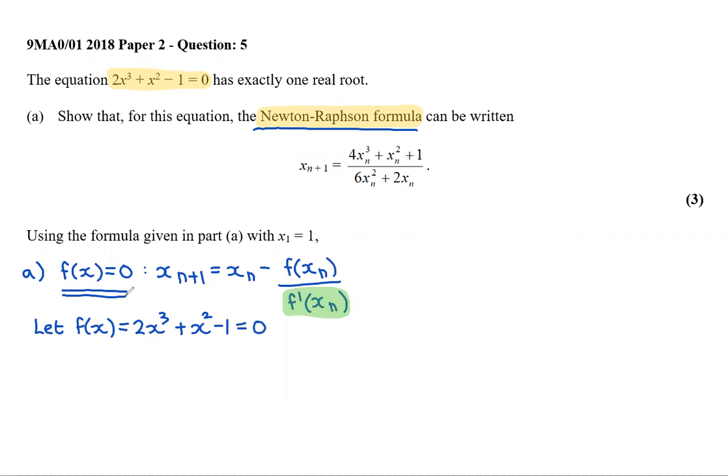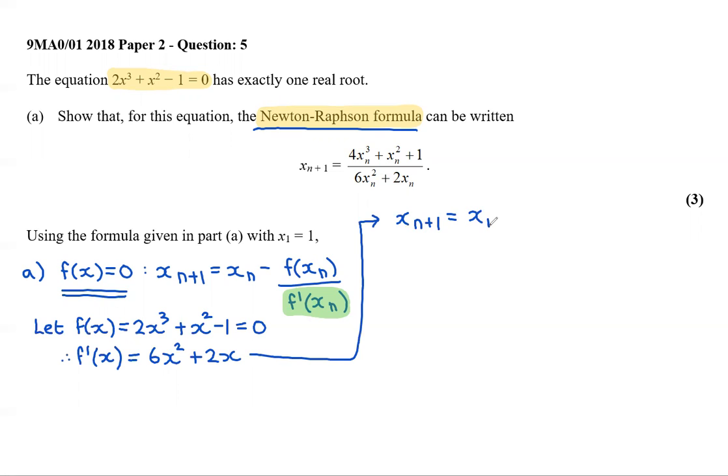Okay, let's find the derivative. So differentiate each term separately. So we're going to have 3 times 2, which is 6x squared plus 2x, and the constant term vanishes. We can now put all this into the Newton-Raphson formula. So we're going to have x of n plus 1 equal to xn subtract the function.